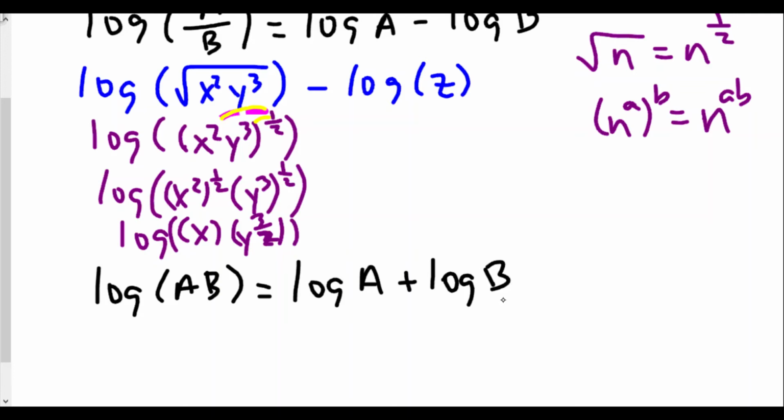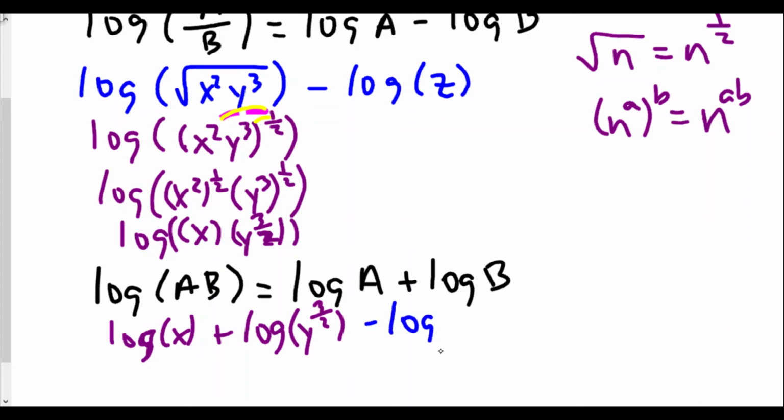And so we're going to expand the log of x times y to the 3/2 as log of x plus log of y to the 3/2. And don't forget, I didn't bring it down, but it's minus log z. That minus log z is still there from before.